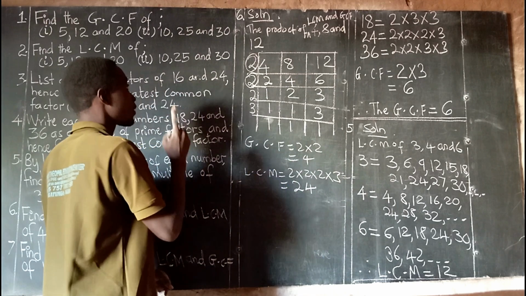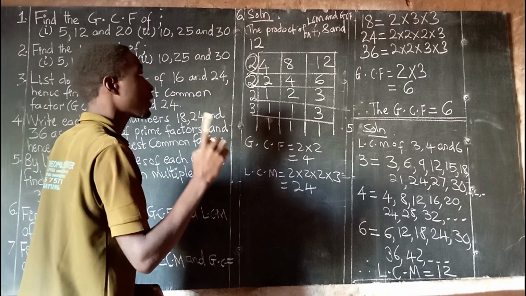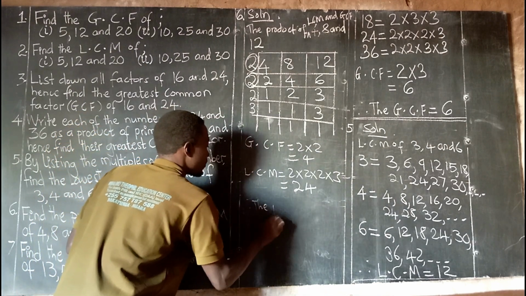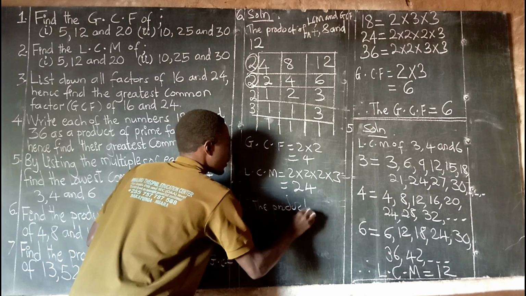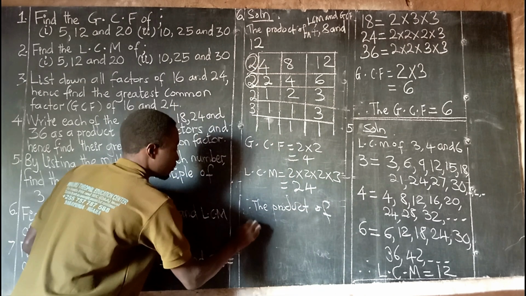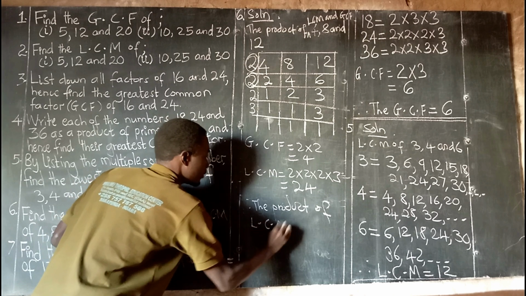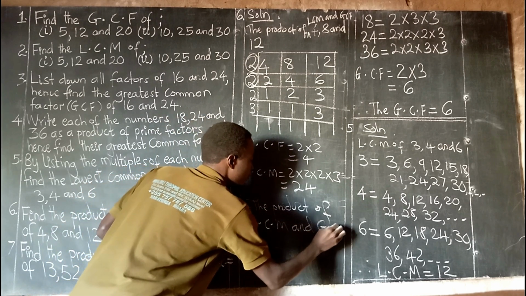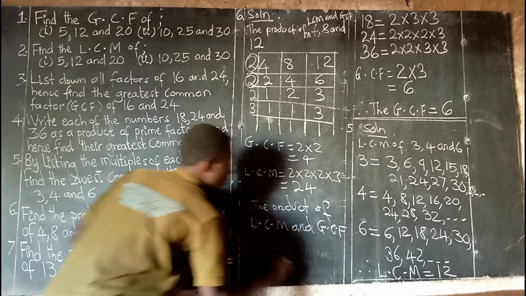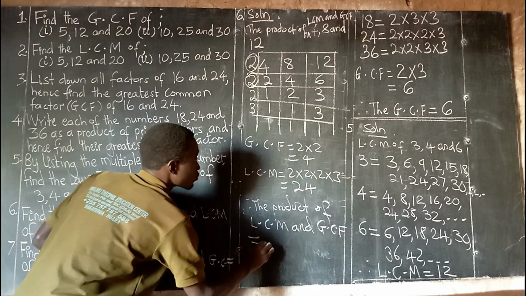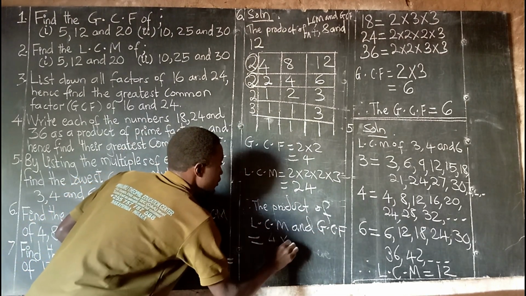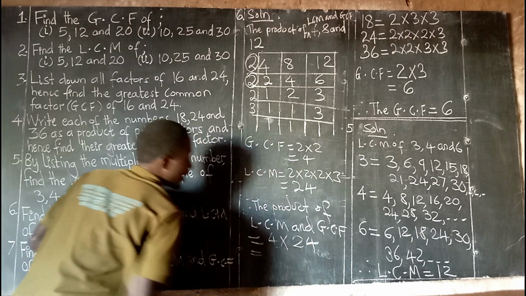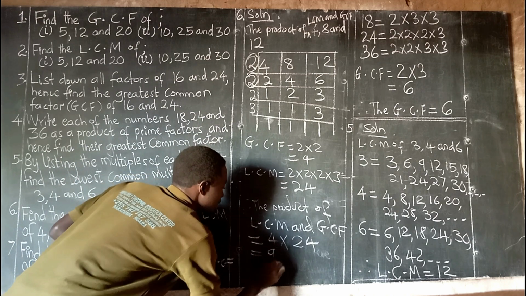But here we are asked to find the product of LCM and GCF. So the product of LCM and GCF will be equal to 4 times 24, which will be equal to, I think, 96.